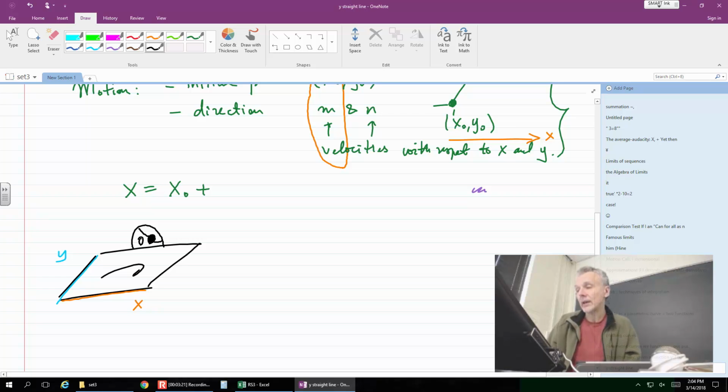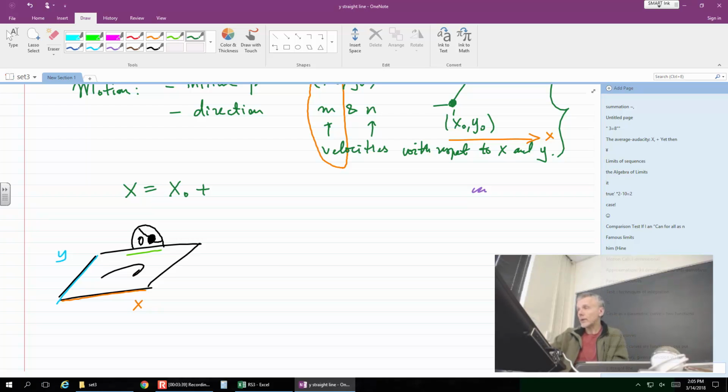So all I'm seeing is motion which is entirely left-right to me.